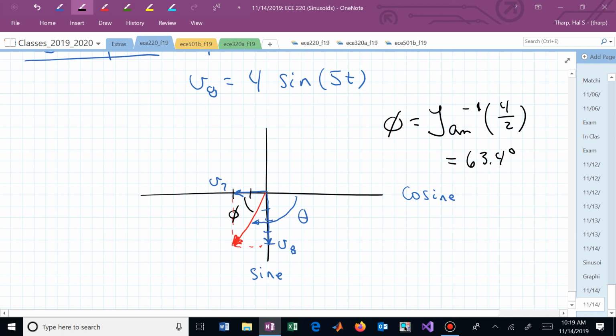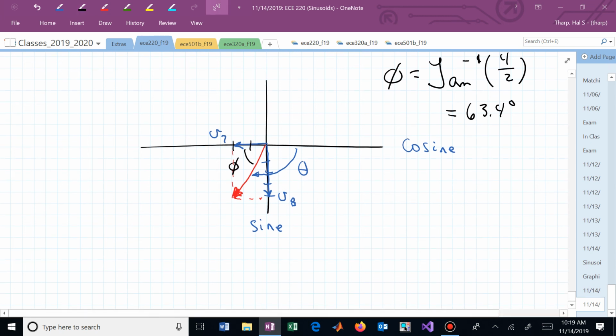The magnitude is the hypotenuse of this rectangle, or a diagonal in a rectangle, the hypotenuse of a right triangle with sides of 4 and 2. So the amplitude is the square root of 4 squared plus 2 squared, or the square root of 20, which ends up being 4.47.